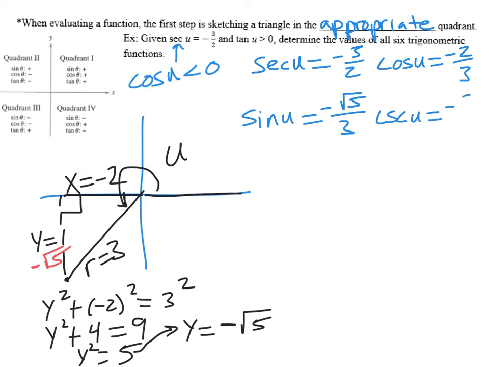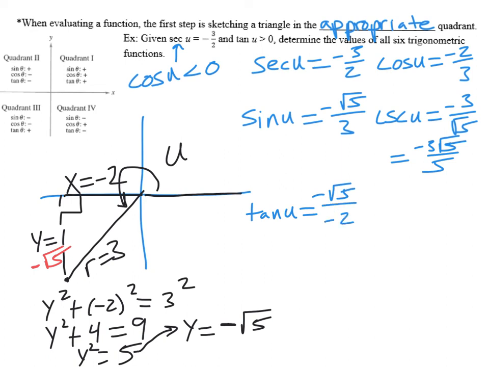That would be negative 3 over square root 5, right? And of course, we'll rationalize that. Negative 3 square root 5 over 5. Tangent's y over x, negative square root 5 over negative 2. Negative and a negative would make it positive.